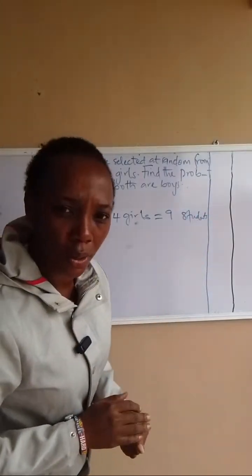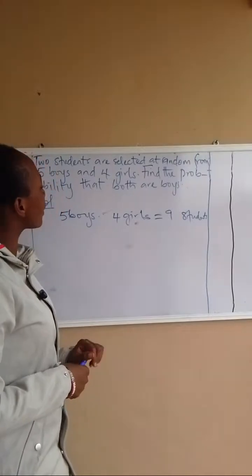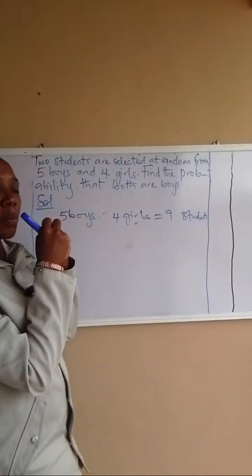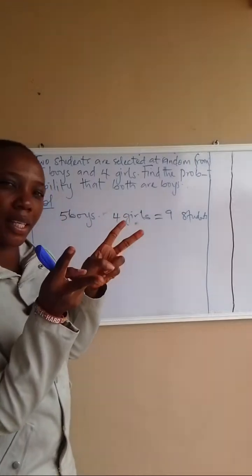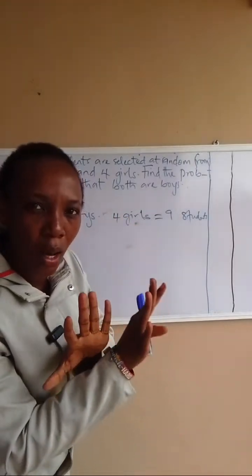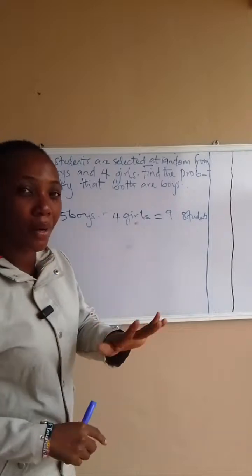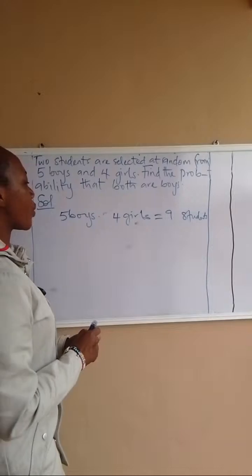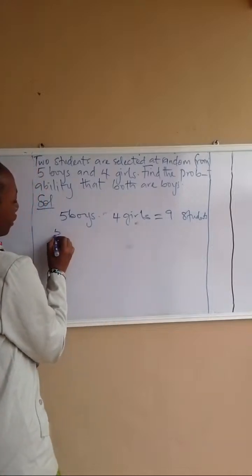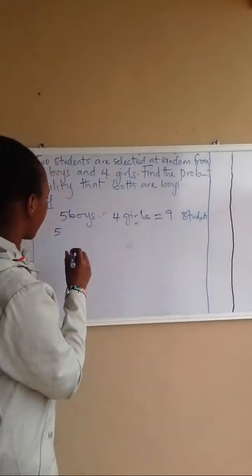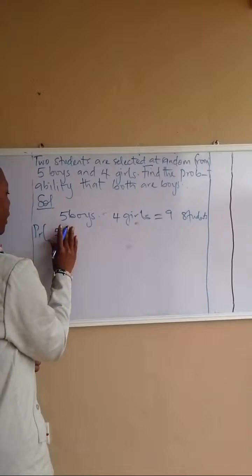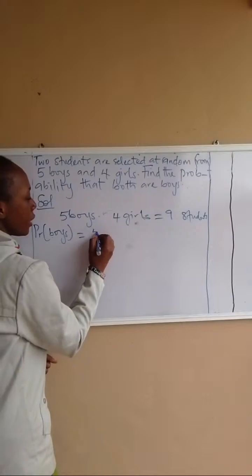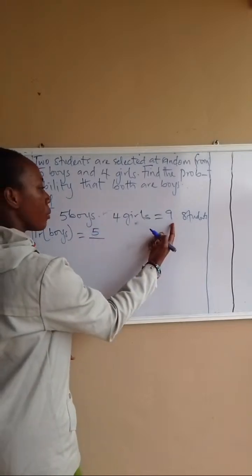Now, we're told to focus on the boys. The probability that the 2 students selected are both boys. Remember we have a total of 5 boys. So the probability of taking 1 student who is a boy is 5 over the total number of students.